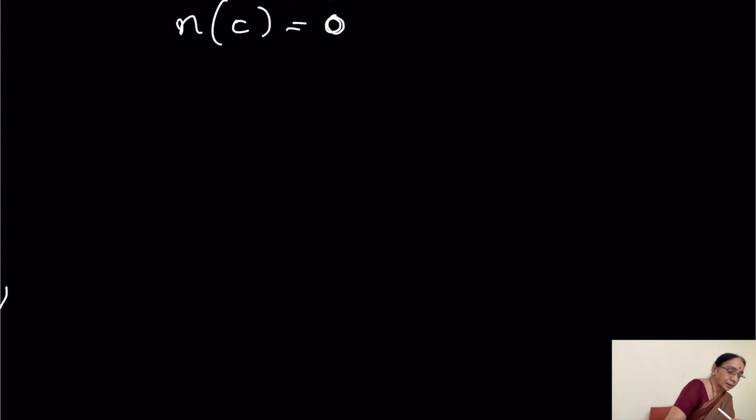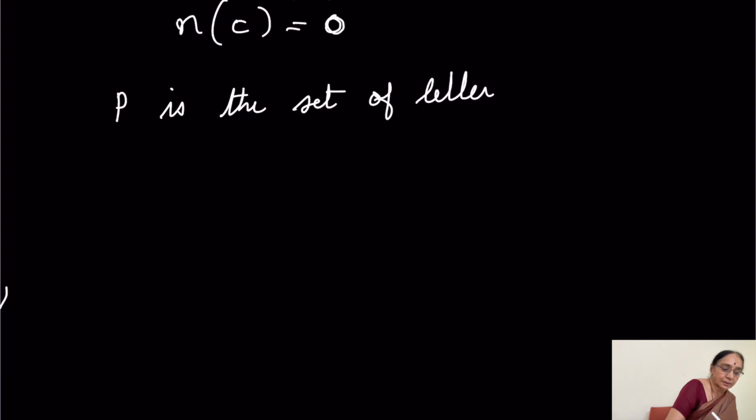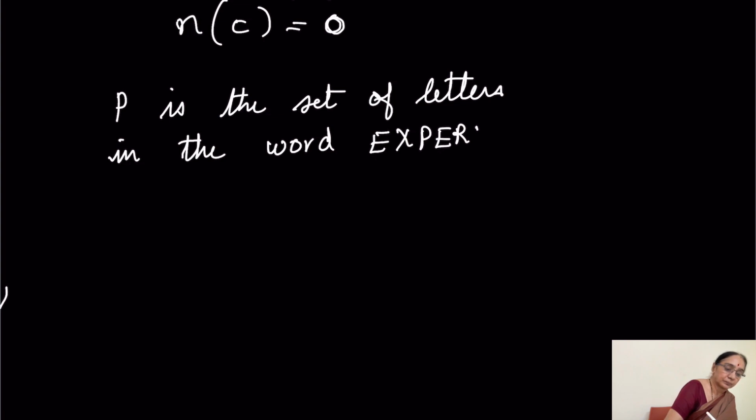Now we'll do one more example here. Say P. P is the set. See, I always use a capital letter to denote a set. P is the set of, I'm describing it, set of letters in the word experiment. Now write the set in the roster form.